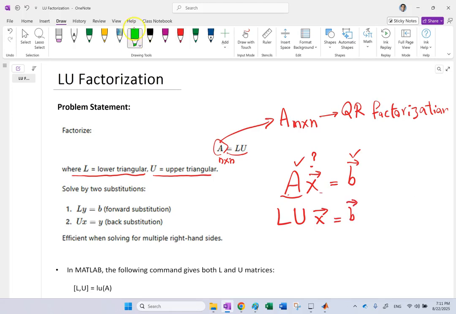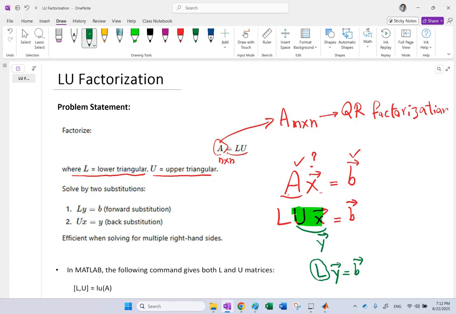And now you're going to call this U times X, you're going to give this guy a name. You call it, for instance, a vector Y. So now your equation is L times Y equals B. And we know that if we have a system of equations where the coefficient matrix is only a lower triangular matrix, I can basically solve for the first variable and then start substituting all the way down and find all of the values in Y. And that's what you do in Gaussian elimination, right?